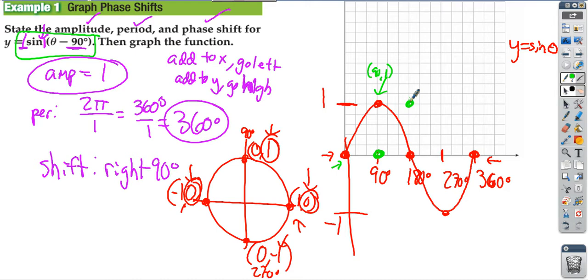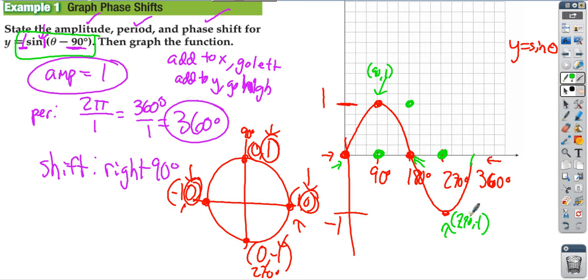So now it's at 180, 1. This point right here was at 180, 0. If I bump it to the right 90, now it's at 270, 0. And finally, this point right here, that was at 270, negative 1. If I bump it 90, now it's at 360, negative 1. Oops, that's not negative 1 right there.